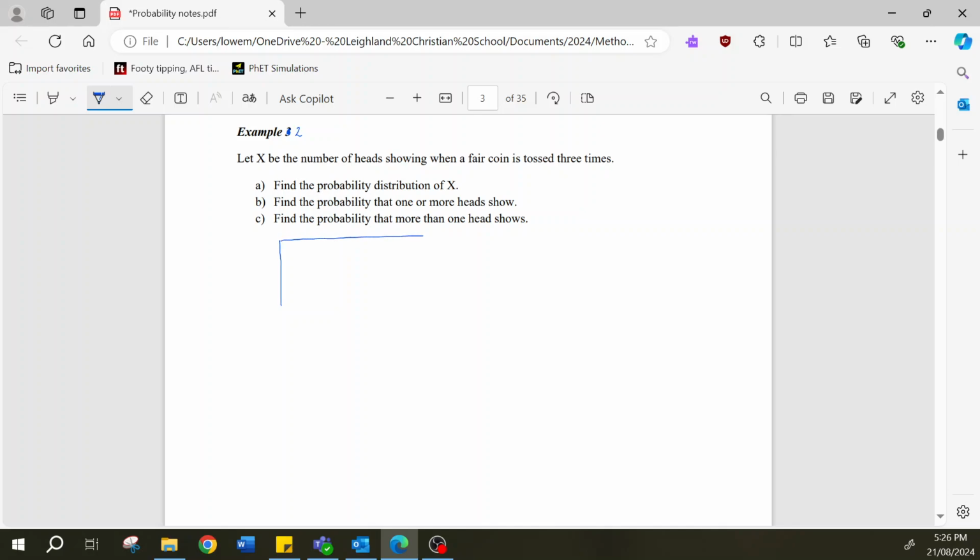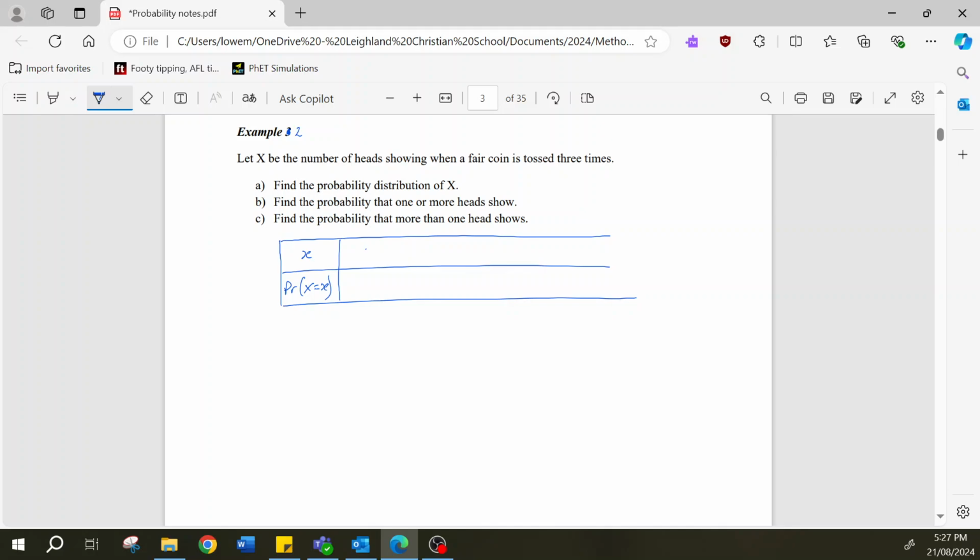So let's think about what the probability distribution will be. If we draw up a table, we've got x, and here we have the probability that X equals that variable x. Now, how many heads can we get if we toss it 3 times?